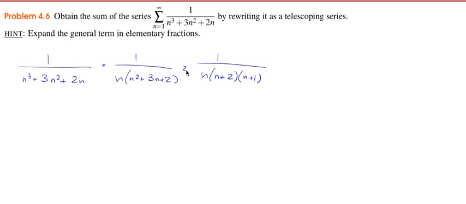So we factor the denominator into the simplest factors possible, and we know that when we have a denominator like this, it comes from separate fractions that have been joined together.